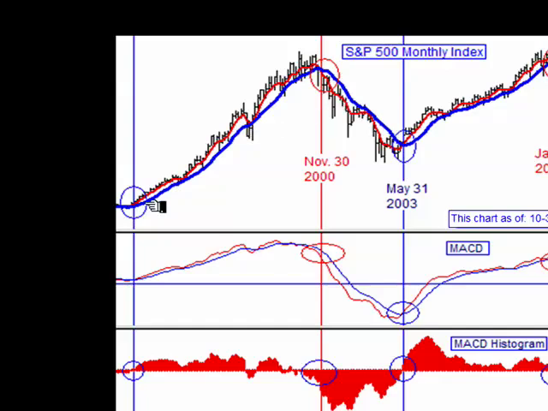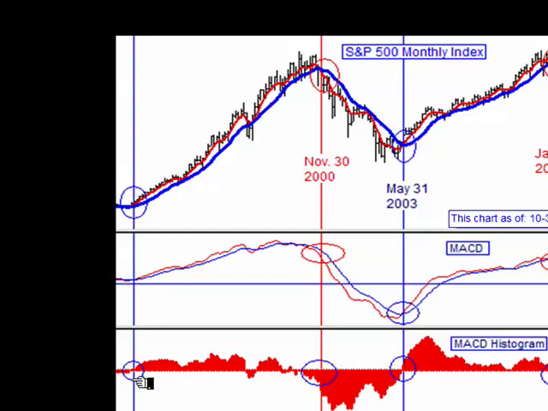We don't want to go by one indicator, so we want at least 3 confirming indicators. And for that, we're going to use MACD as our first indicator. And if you notice, in March 1995, we were beginning to get a crossover of the red over the blue line. A close-up would clearly show that the red had gone over. That was the first confirmation.